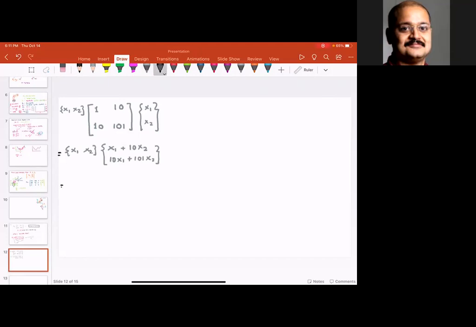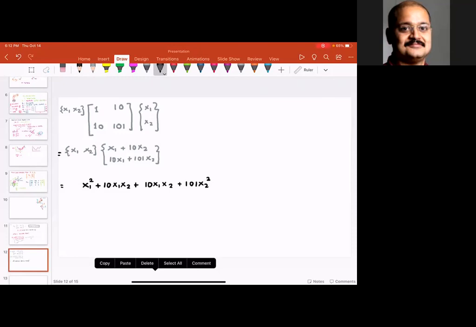Then when I multiply, this is going to become x1 square plus 10 x1 x2, then 10 x1 x2 plus 101 x2 square. Do you agree with me?